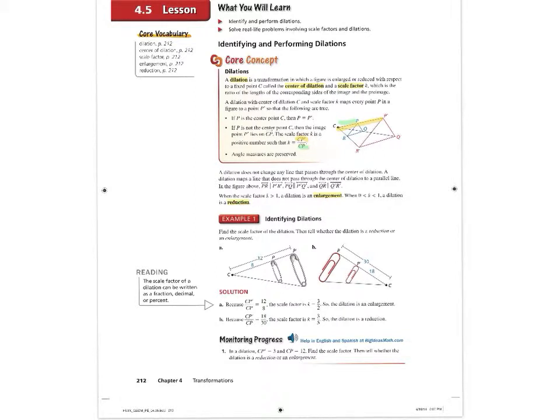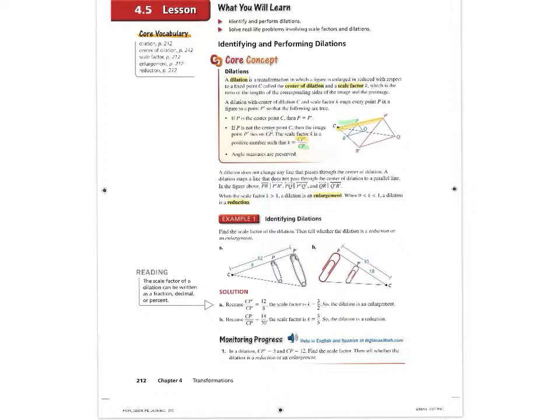We have two examples where we're identifying dilations and finding the scale factor. Look at our first example, from C to P prime divided by C to P. So 12 divided by 8, and we can see that in our solution here. For our scale factor, always reduce your fractions completely. This fraction of 12/8 will simplify to 3/2.